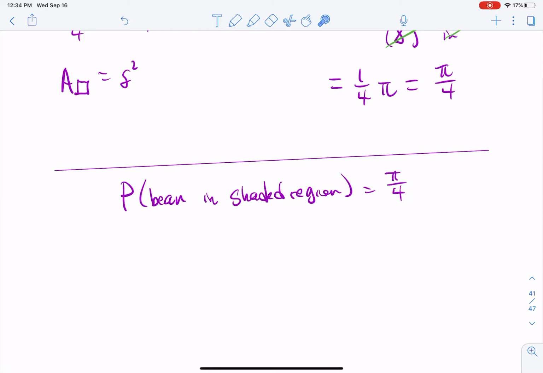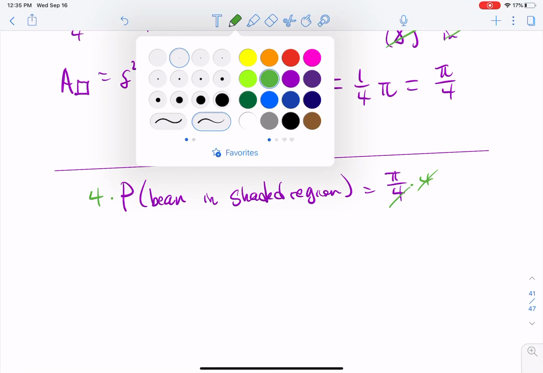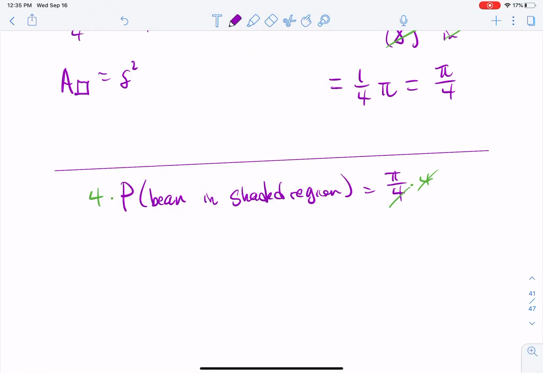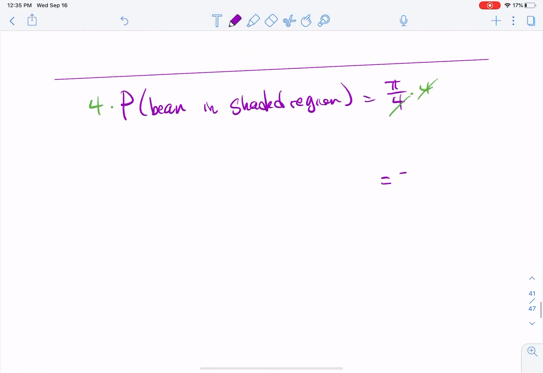And I can solve that equation for pi by just getting rid of this 4. 4 is being divided into pi. To get rid of it, I'm going to multiply both sides of this by 4. And of course, over here on the right side, they cancel out, leaving me with pi, which is what we want to try to find.